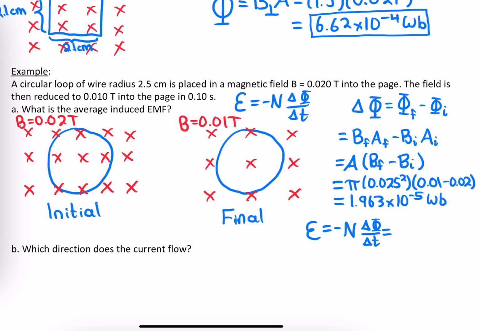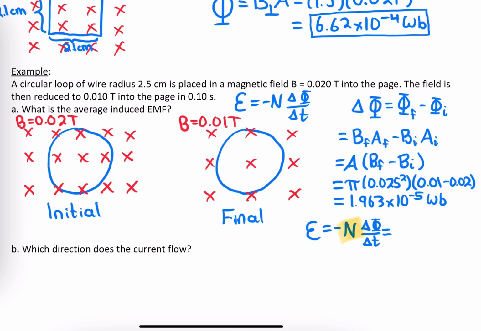And again, I'm just ignoring all negative signs here because we don't really have any vectors, and negative kind of means a different thing for flux than it does for EMF. So we're just working with magnitudes. You might notice that this here would give me a negative number. Didn't even throw that negative in. I'm just working with magnitudes. So let's ignore that negative. It's just a reminder to use Lenz's law later.